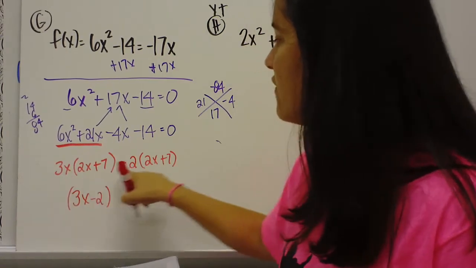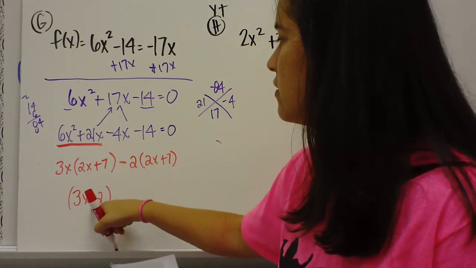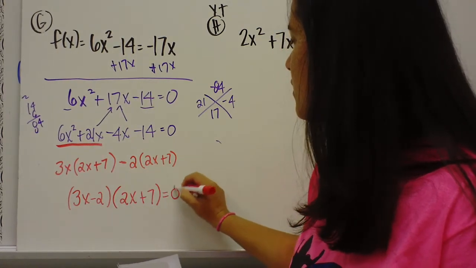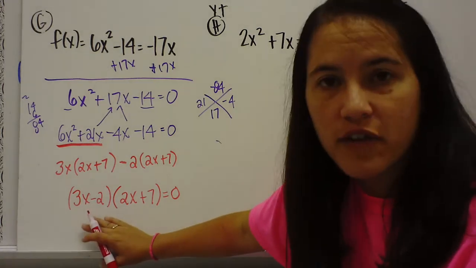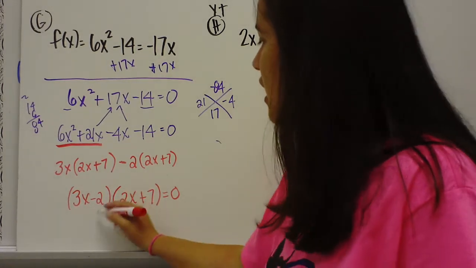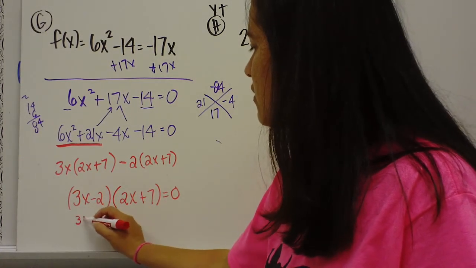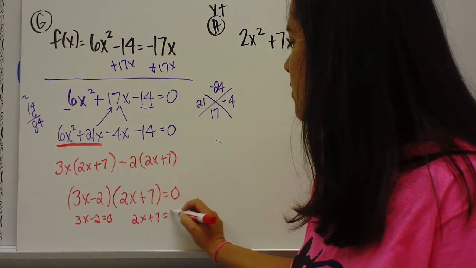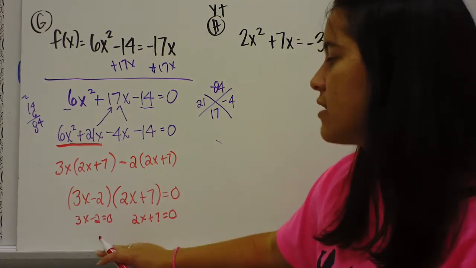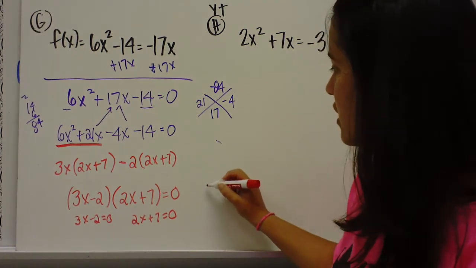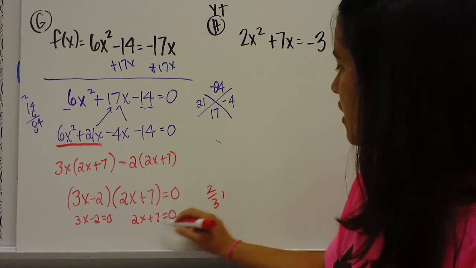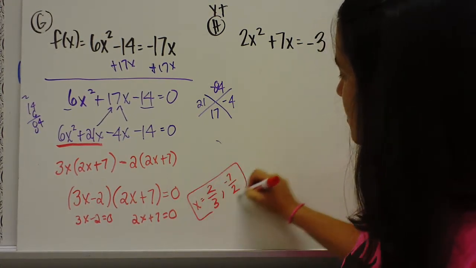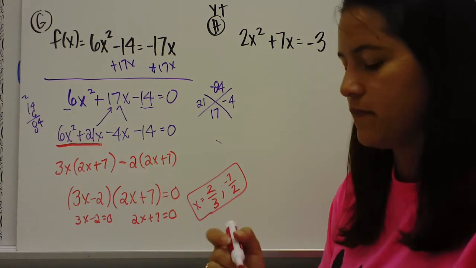I take my outside factors, 3x minus 2, and then my 2x plus 7. I set both of those equal to 0, and I get 3x minus 2 equals 0, and 2x plus 7 equals 0. Once I solve those, I should get 2/3 and -7/2 as my solutions, as my zeros.